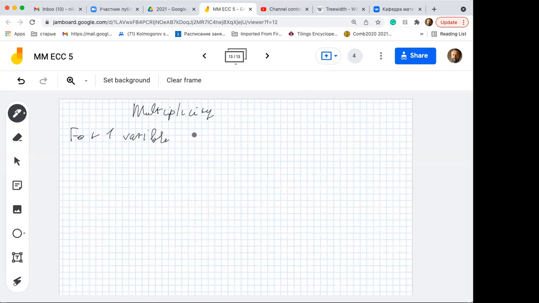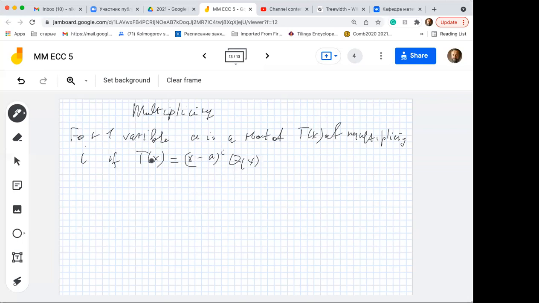We say that a is a root of, say, t of x of multiplicity i if t of x may be represented as x minus a to the power of i times some other polynomial, say q of x.